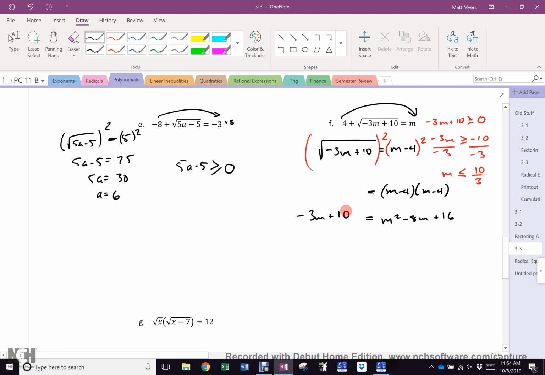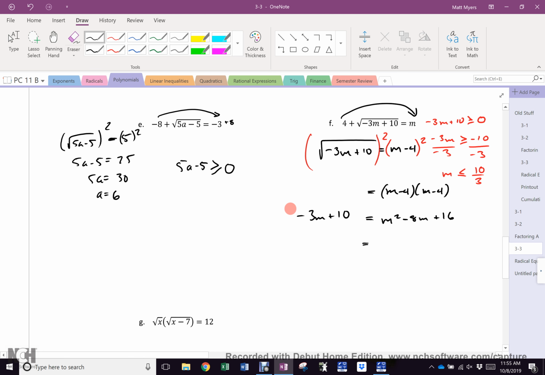This side is, of course, just negative 3m plus 10. Then, of course, you say to yourself, self, I see like terms. I've been through grade 9 math in BC. Whenever I see a like term, what do I do? I collect them. So, would I move all of this stuff this way?